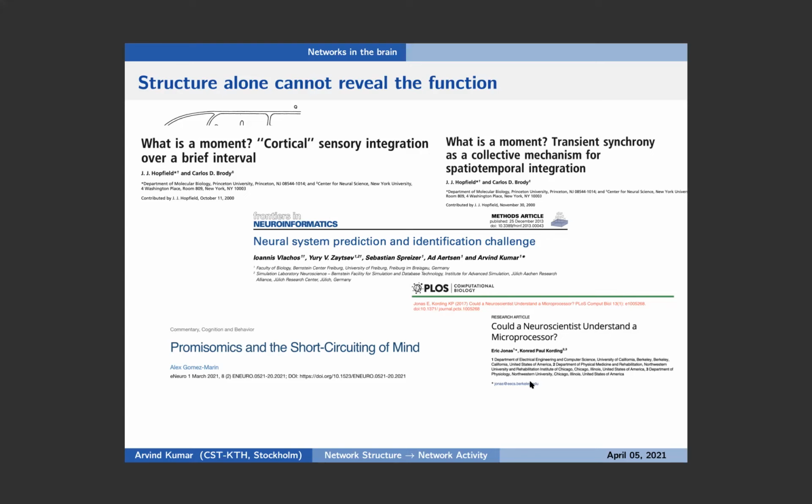So it seems that it's very much wishful thinking at this moment to say that if I know the connectome and I use our contemporary neuroscientific approaches, we can talk about the function. And this has been articulated very nicely by Alex Gomez-Marin in a recent commentary that was published in Neuron.